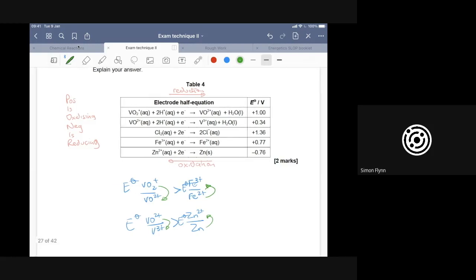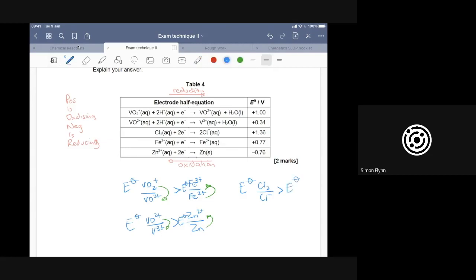If you looked at chlorine, for example, the most positive one, you're putting the left-hand species over the right-hand species. That's what you do. The greater than just means it's more positive. You can see that plus 1.36 is more positive than plus 1. So then we write the other species.